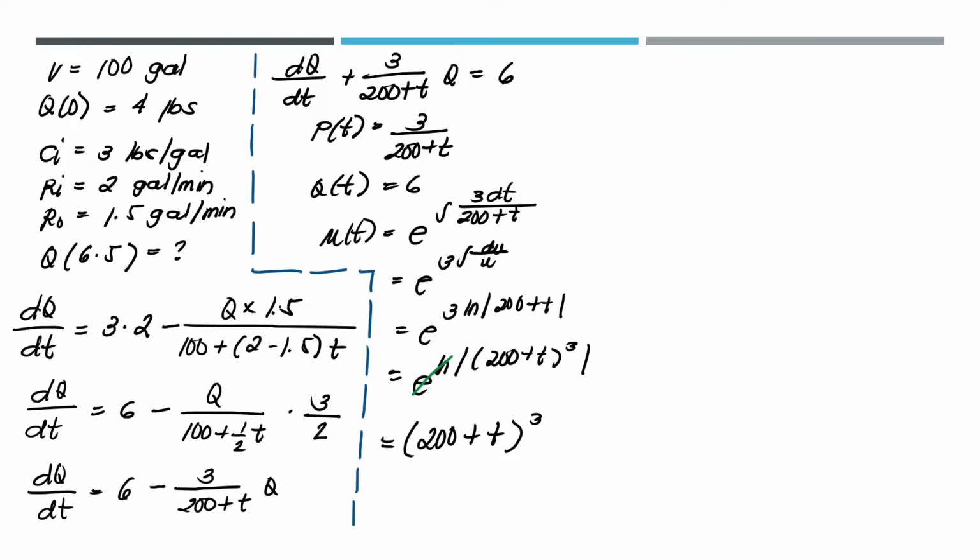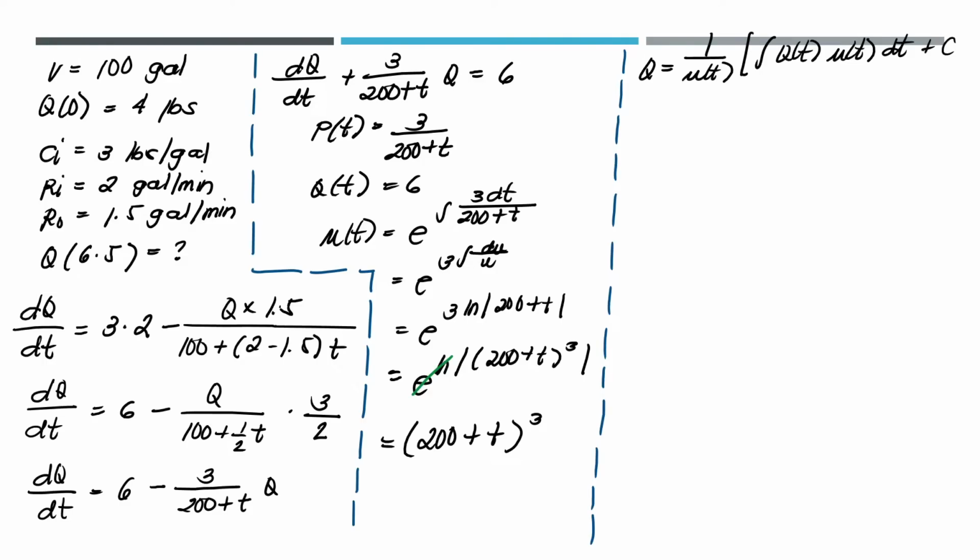Ayan. So, game, no? So, let's solve. We now have q is equal to 1 over mu of t multiplied to the integral of q of t mu of t dt plus c, of course.